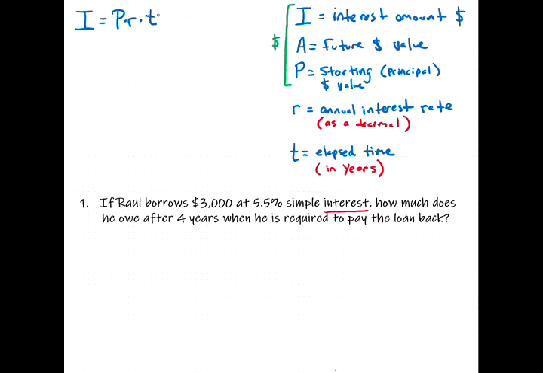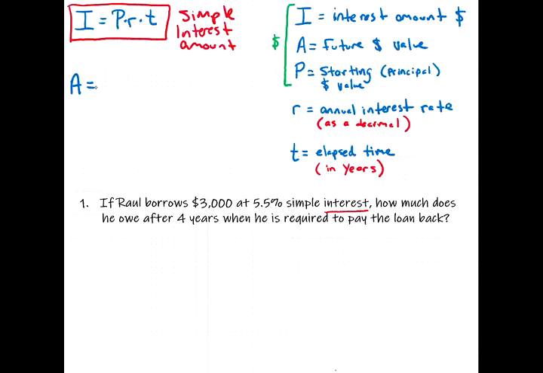So I equals P times r times t. That is the interest amount in dollars specifically for simple interest. We'll have another formula in the next section when we deal with compound interest. Now, let's talk about future value.